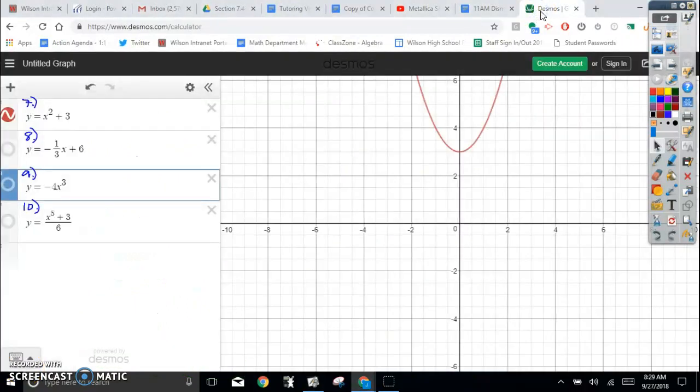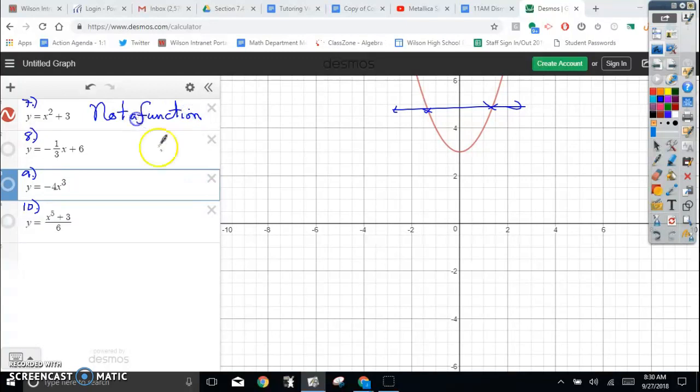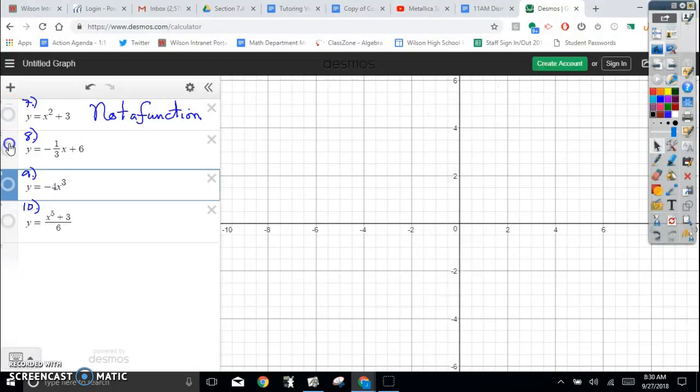Okay, so I punched in 7 through 10. Here's number 7. You can see it does not pass the horizontal line test, so this one would not have an inverse that's a function. Okay, let's go to the next one. We erase this. Okay. So here comes number 8.